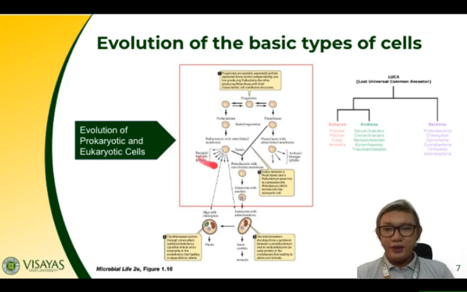So at this point, a eukaryotic cell is now formed, and the remaining archaeal and bacterial cells are now representative prokaryotic cells. So that's how the present types of cells, the prokaryotes and the eukaryotes, evolved from the last universal common ancestor.